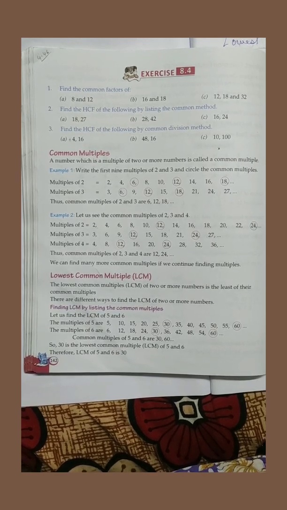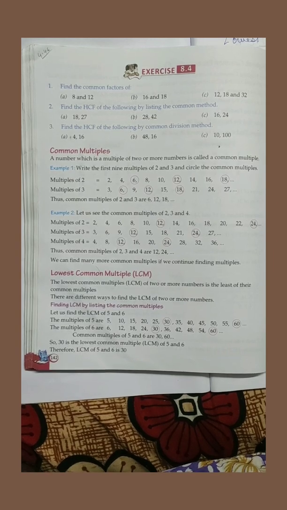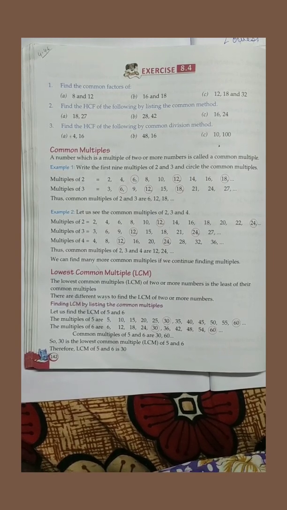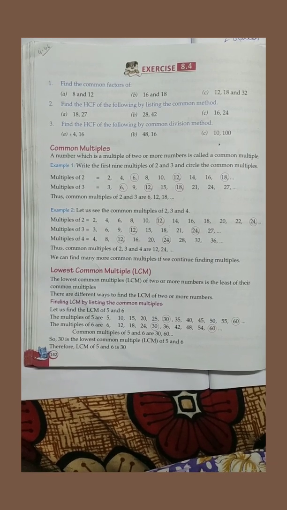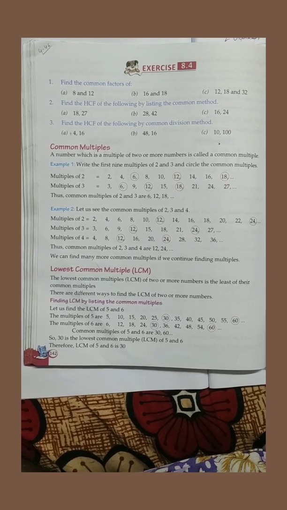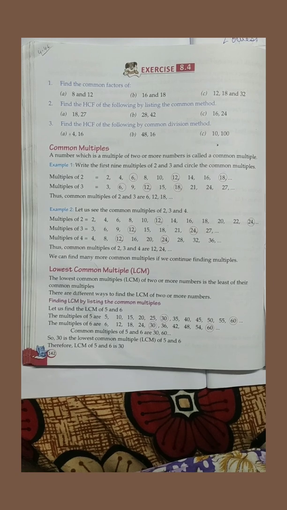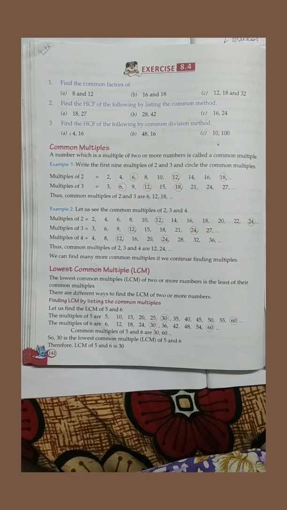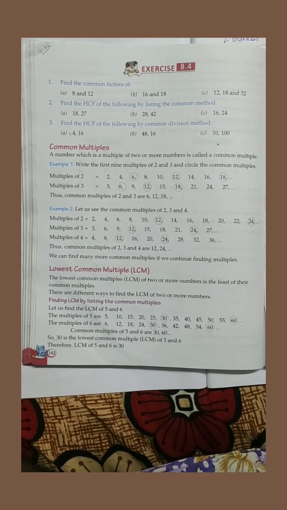Similarly, the multiples of 3 are 3, 6, 9, 12, 15, 18, 21, 24, 27, 30, 33, 36, 39, 42, 45, and so on. It will never end. Am I clear? Multiples of any number will never end.